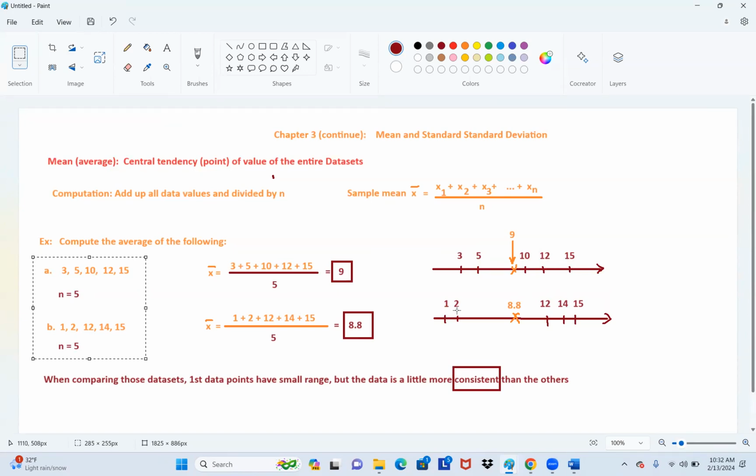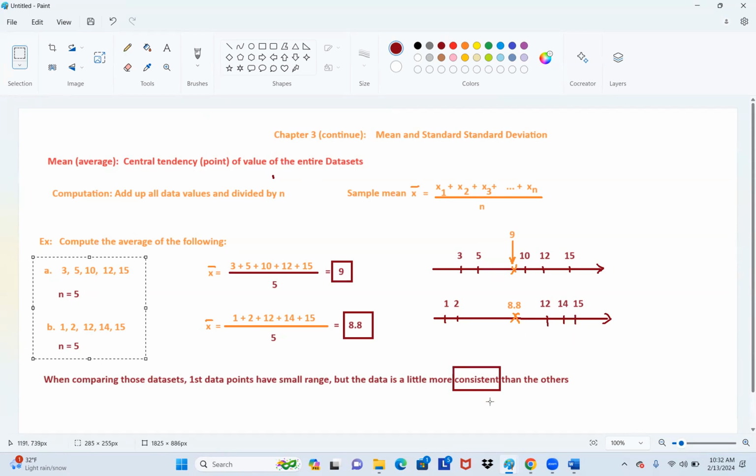Now look at the second data set. It jumps from 1 to 2, which is only one apart. Then all of a sudden it jumps from 2 to 12. This is a really, really big jump. The jump from 12 to 14 and 14 to 15 is not that big, but the jump from 2 to 12 makes a big gap.